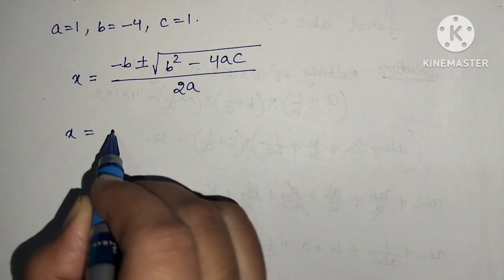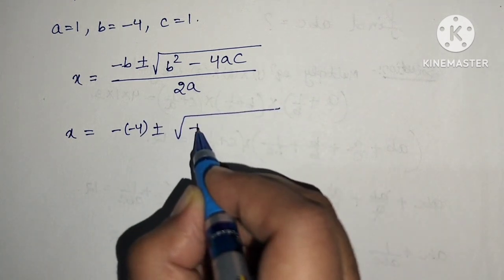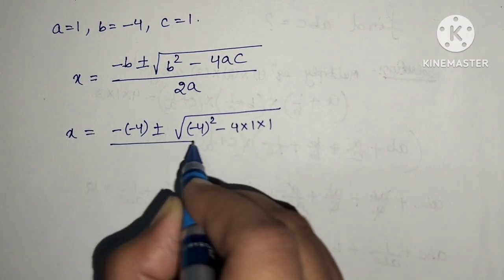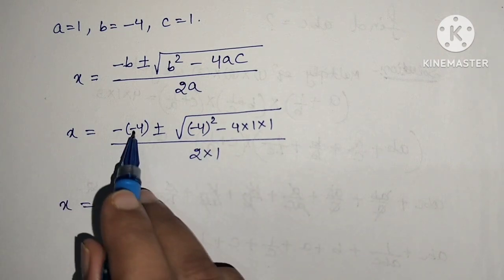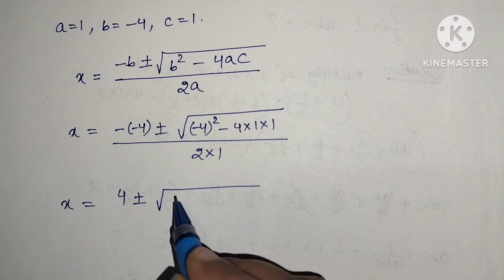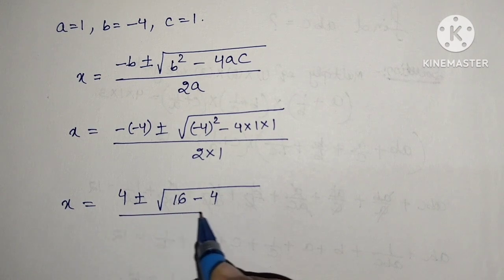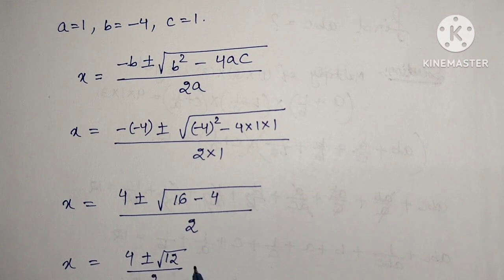Then x is equal to minus of minus 4 plus minus root over of minus 4 whole square minus 4 into 1 divided by 2 into 1. Minus minus plus, minus 4 square, it is plus 16, minus 4 into 1 it is 4, divided by 2. X is equal to 4 plus minus root over of 16 minus 4, it is 12, divided by 2.